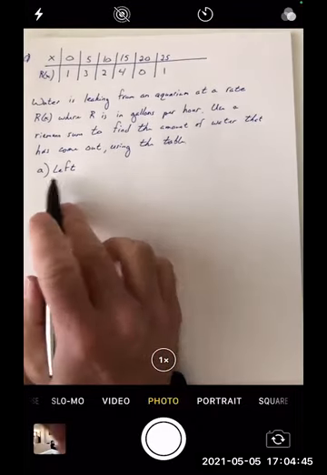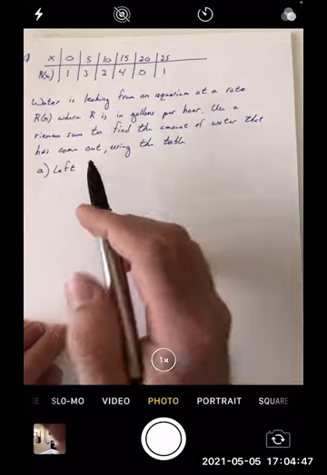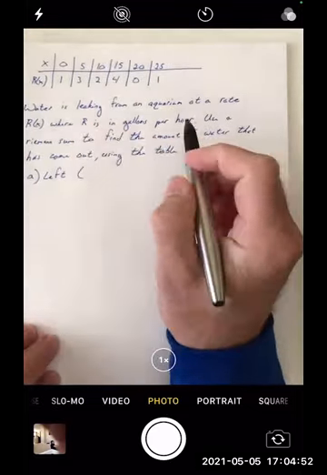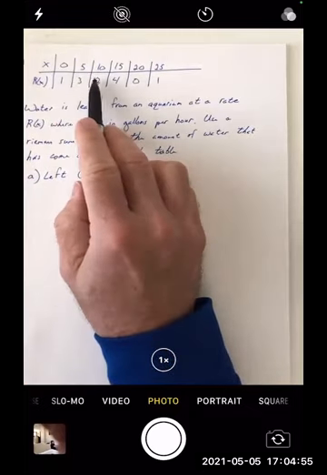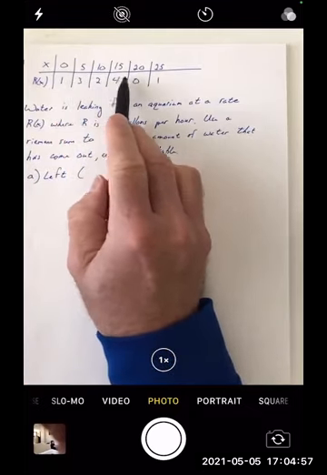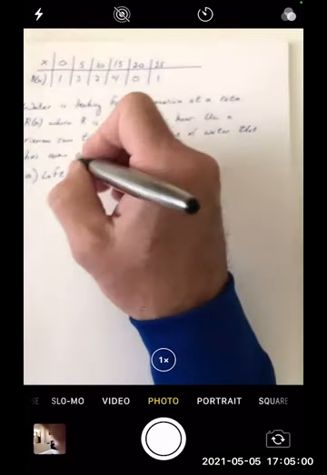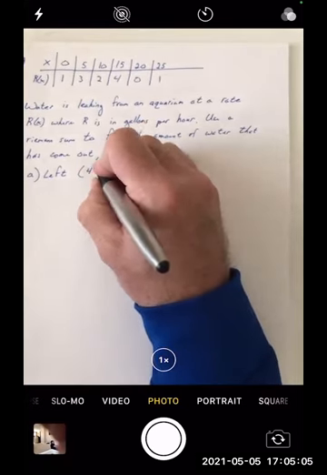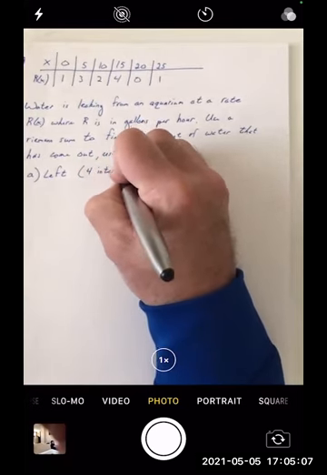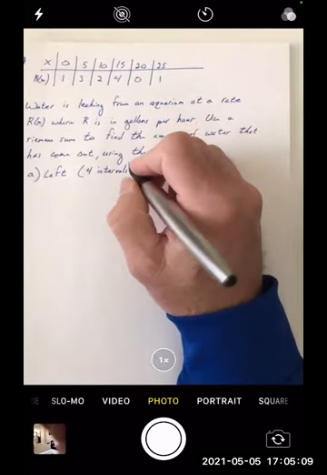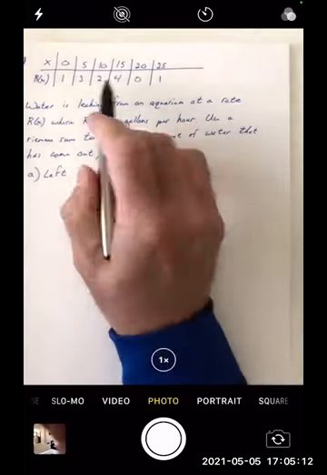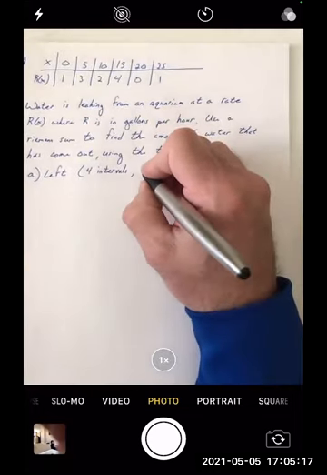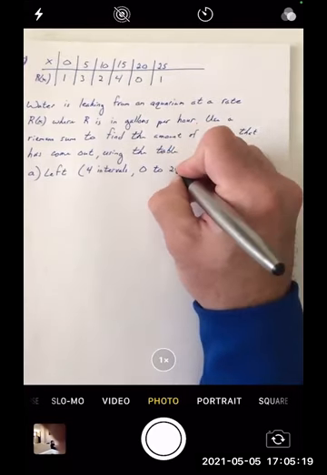Okay, so if it's a left Riemann sum, let's use four intervals from 0 to 20.